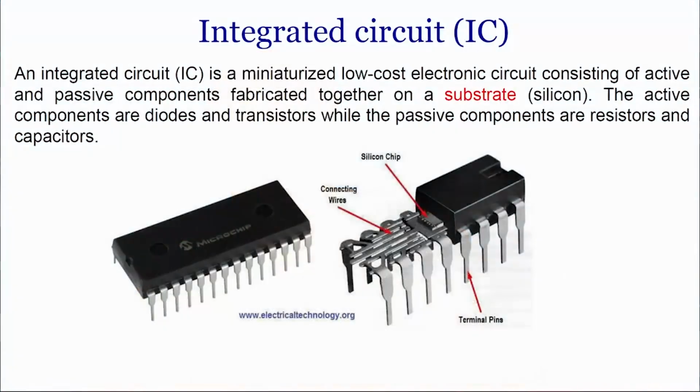All right. We talked about the integrated circuit, which is nothing but a miniaturized low cost electronic circuit consisting of active and passive components, built on a substrate which is silicon. When you open an IC, you will see a silicon chip within the integrated circuit.